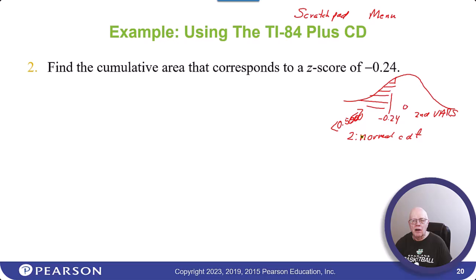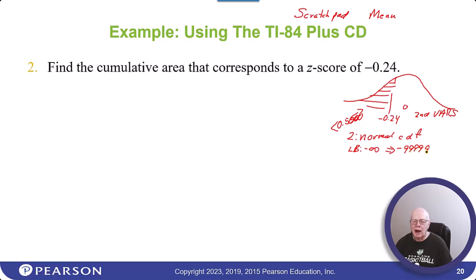I want to put in 4 numbers. We want everything up to negative 0.24. So my 4 parameters will be the lower bound is negative infinity. And if you're following what I do, I'll put negative 9.9999.